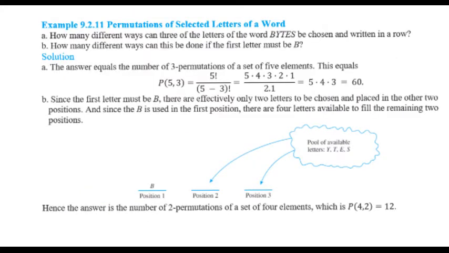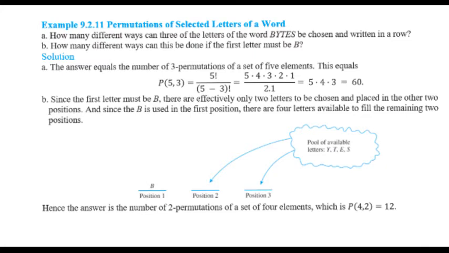As an example of R permutation, consider example 9 to 11. The question is, how many different ways can 3 of the letters of the word bytes be chosen and written in a row? So the first thing you need to do is to count the number of letters in the word bytes. We have 5 distinct letters in this word.